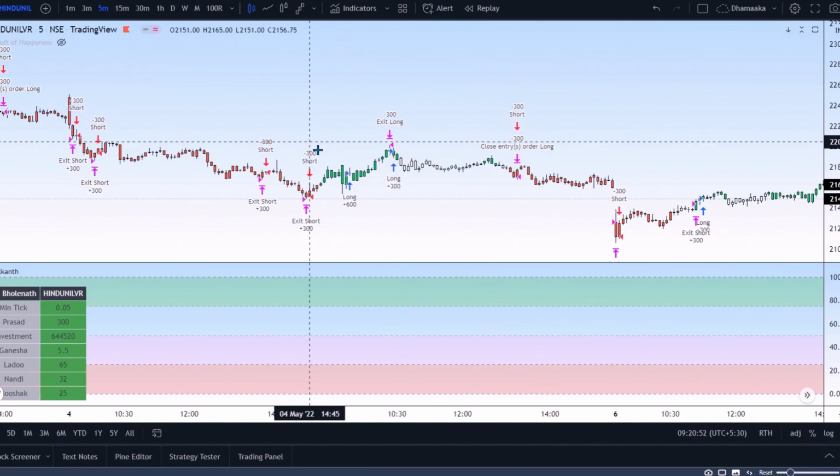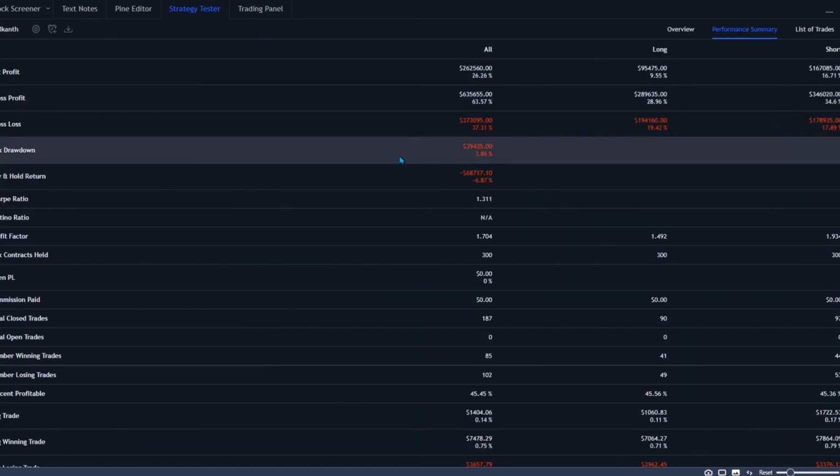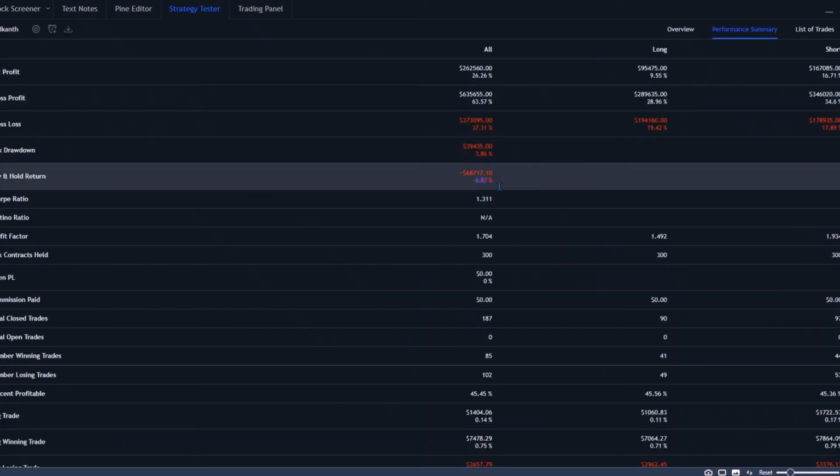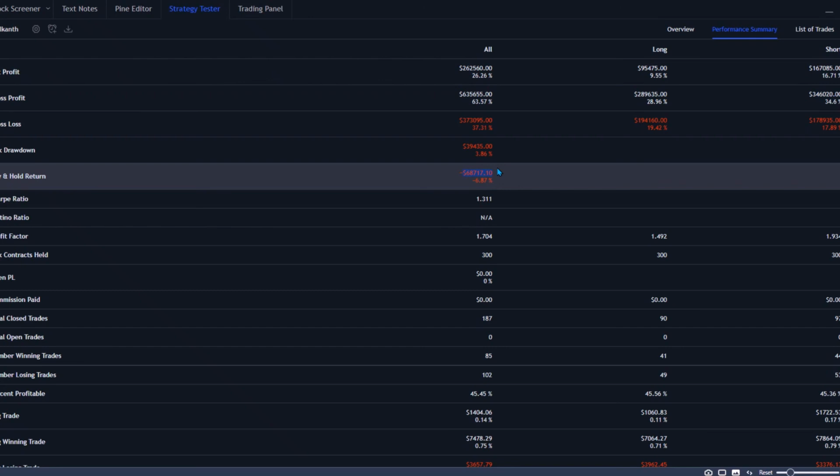Go to strategy tester and you can see again roughly we are hitting 40-50% profitability. Profit factor is good. Drawdowns are 3-4%. And again, if you just held on to this stock, you would have actually lost money. And if you would have traded based upon trends and momentum based strategies, you would have ended up with some profit.